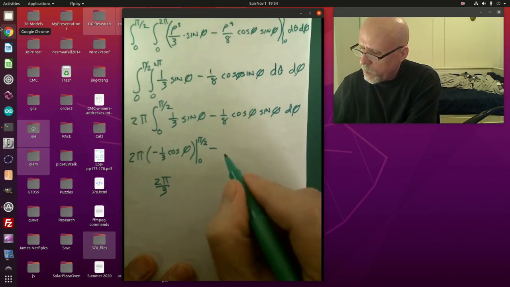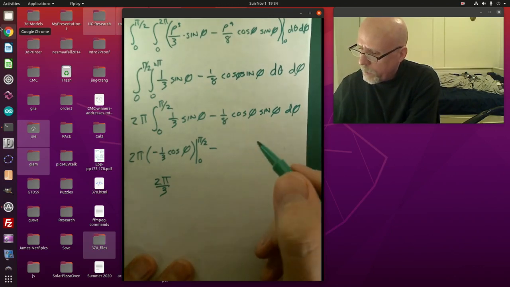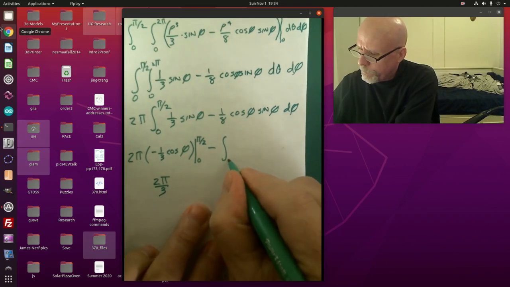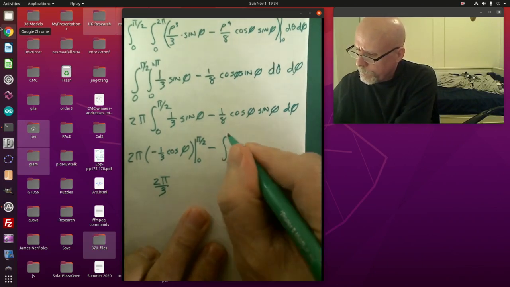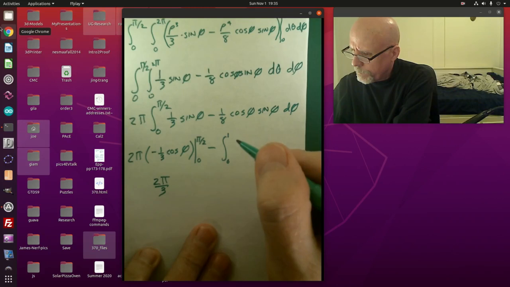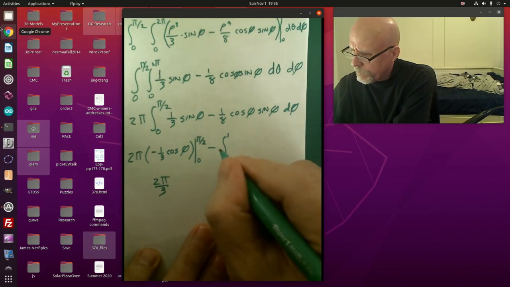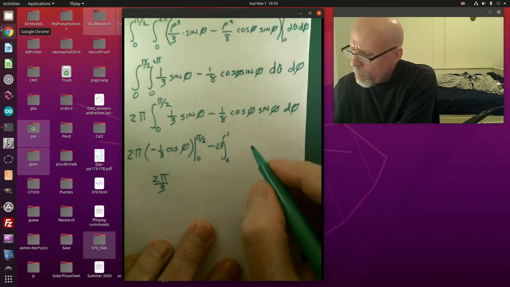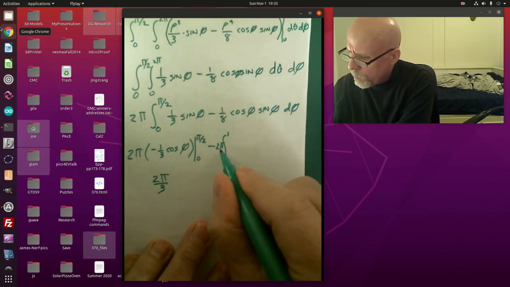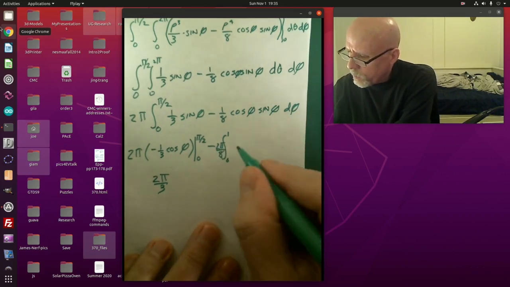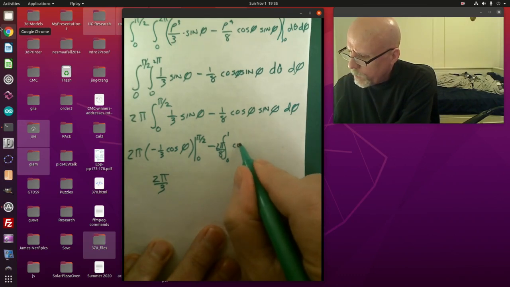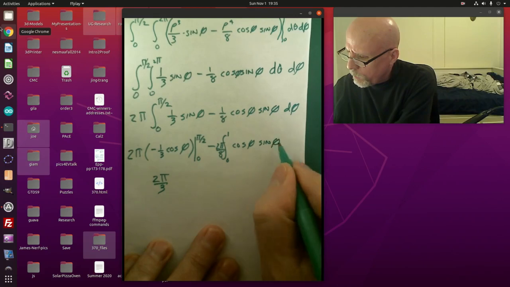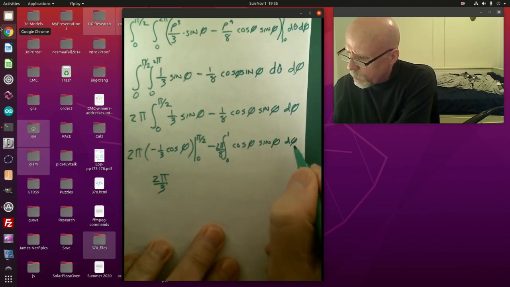What about integrating 1/8 cos phi sine phi? There's still the 2 pi factor I need to bring along, sorry. Let's bring the 8 outside. I don't think that's going to help us either. Cos phi sine phi, how can we deal with that? I believe a u substitution is in order.